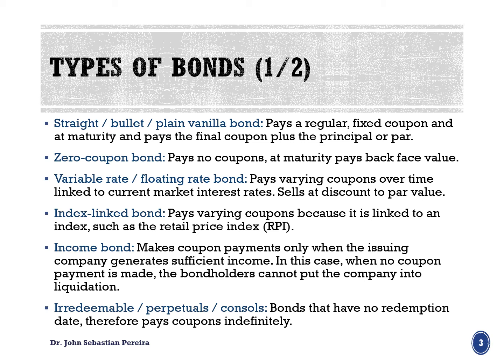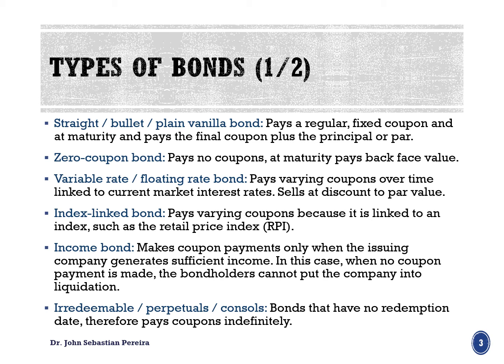There are some bonds which are variable rate, floating rate bonds, where the coupon paid over time is linked to a market interest rate. As the interest rate increases, the payment of the coupon obligation also increases. These bonds are generally trading at a discount. That means their price is always less than the quoted £100 face value.